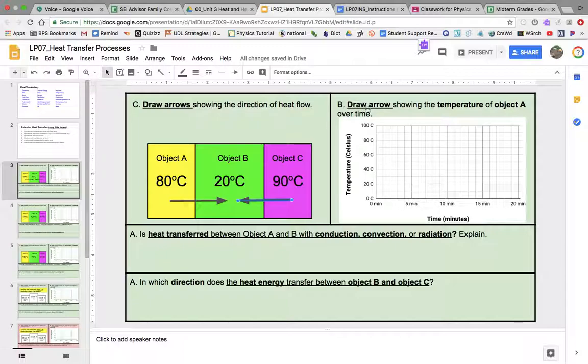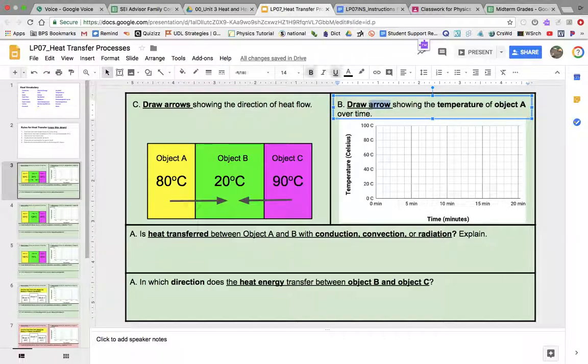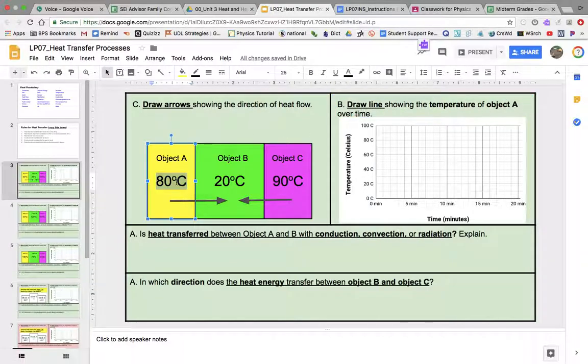Now it says draw a line showing the temperature of A over time. So A starts at 80 degrees Celsius. And if we come to the graph, we're going to find 80 here.